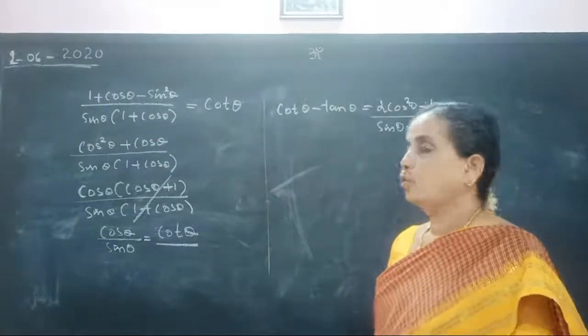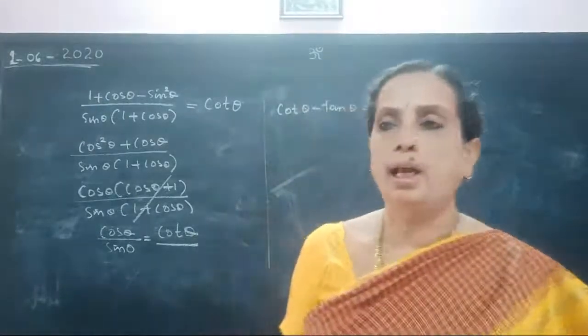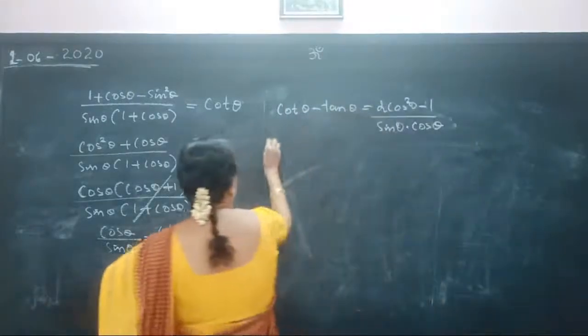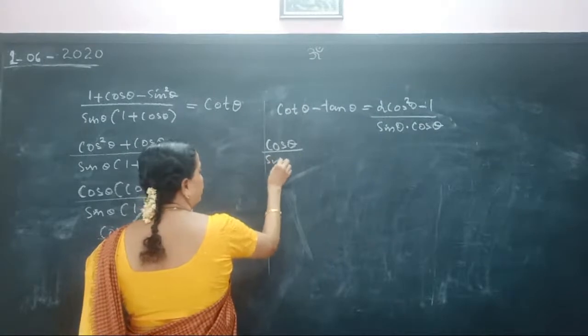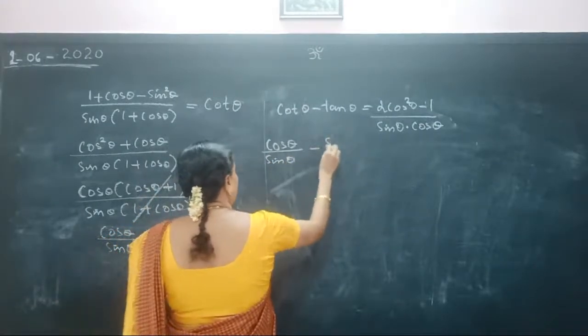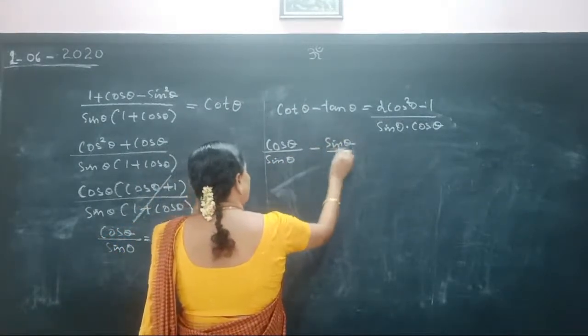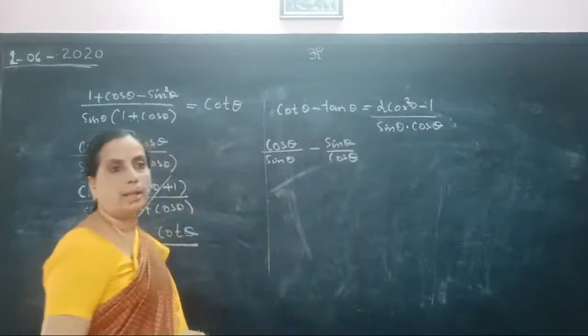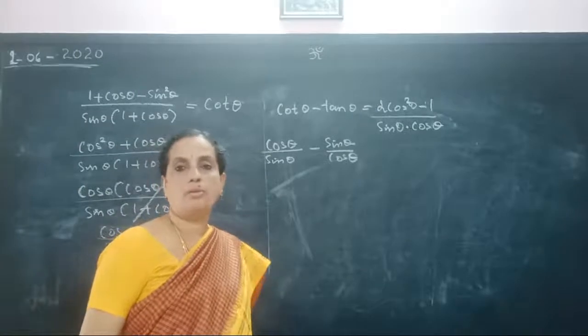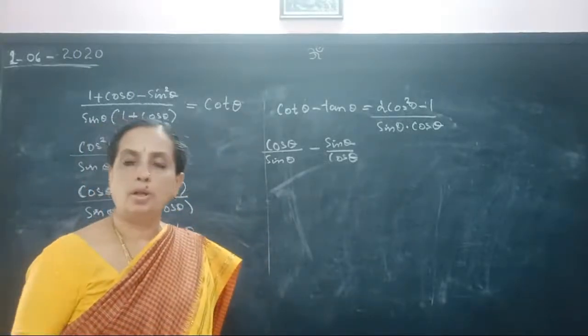Okay, so we can write cot theta as cos theta by sin theta minus sin theta by cos theta. Sin by cos is tan, cos by sin is cot.